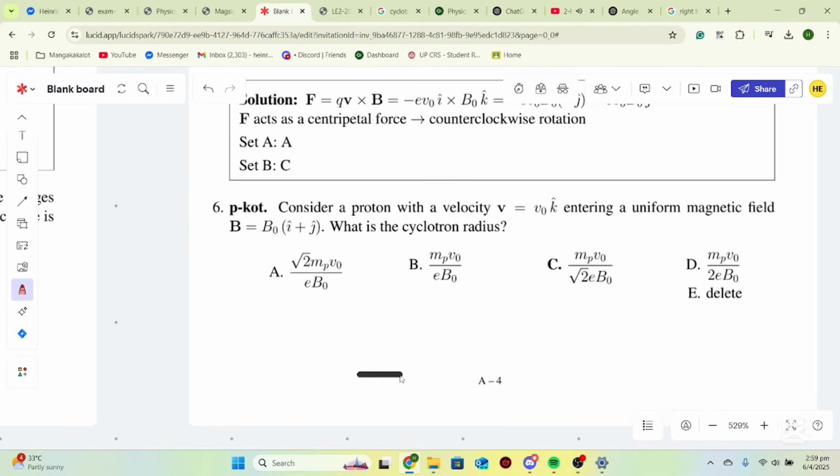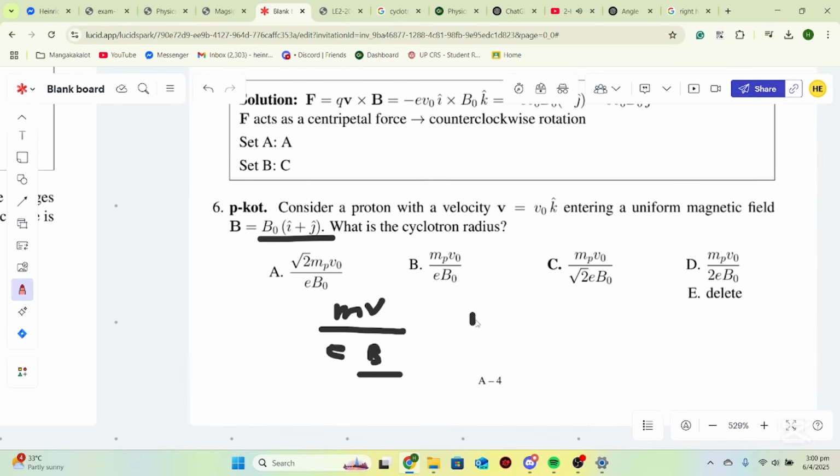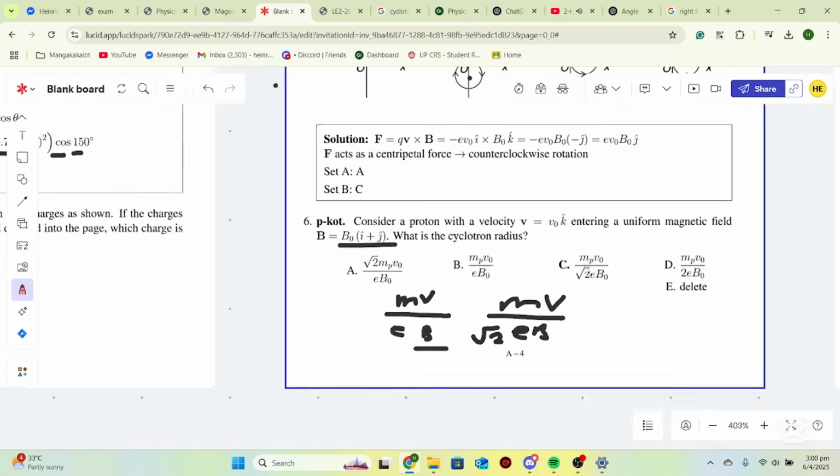But we know that our B is I hat plus j hat, and if you just make it into a magnitude, it becomes square root of 2. So it's mv all over eB square root of 2 on the underside, which is equal to C.